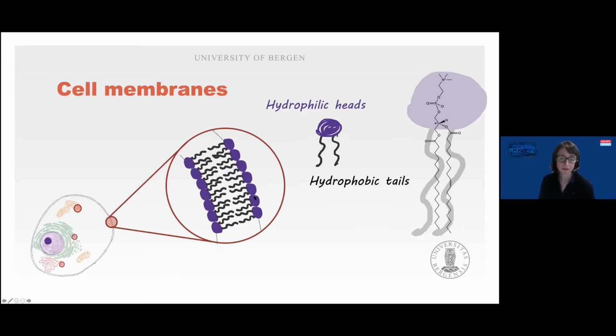Those cell membranes, they consist of phospholipids or lipids in general. They're fairly small molecules, at least smaller than proteins. And those lipids can be described as consisting of two parts. The heads, which are made of chemical groups that are polar or charged, and therefore the head is hydrophilic and likes to be in contact with water-like environments.